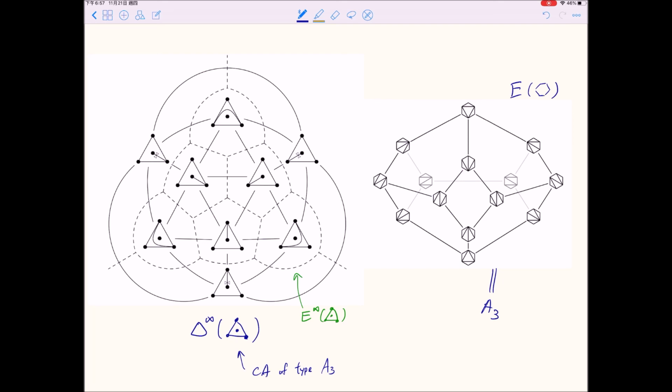For the hexagon, you have 6 sides, so there are 6 frozen variables, while for the triangle you only have 3 frozen variables. But otherwise, the exchange graph is the same.